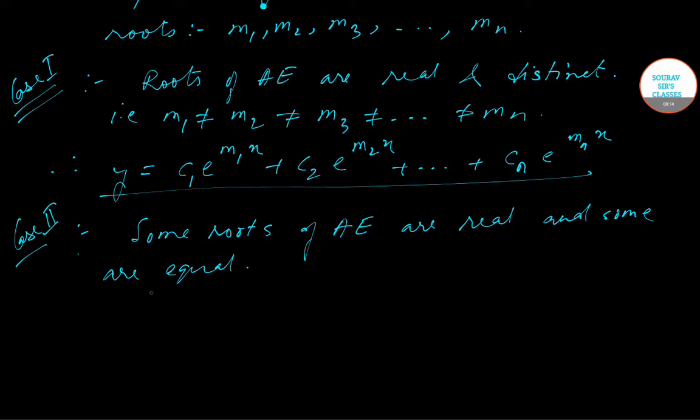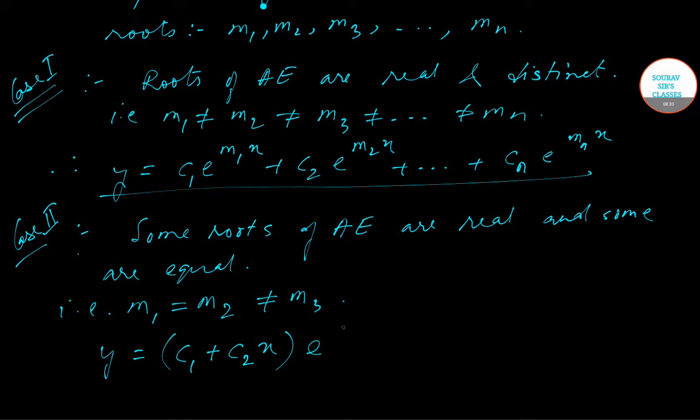So that means that m1 can be equal to m2, but they are not equal to m3. That is, this basically means like this. So in that case, we'll have y of the format c1 plus c2x into e to the power m1x plus c3 into e to the power m3x, and so on.